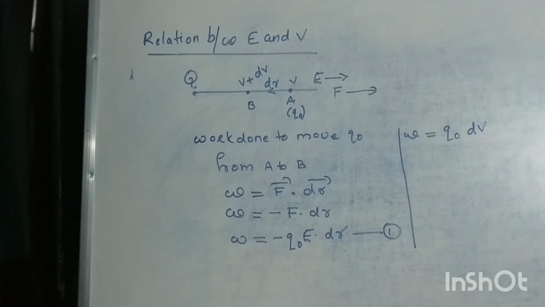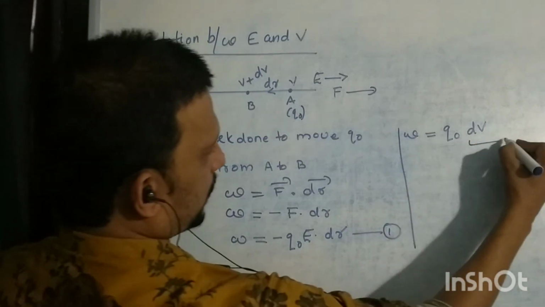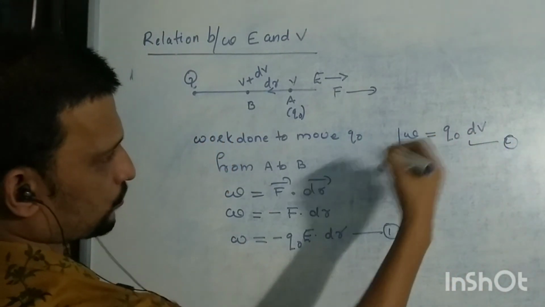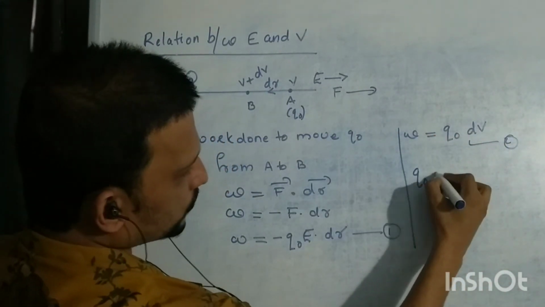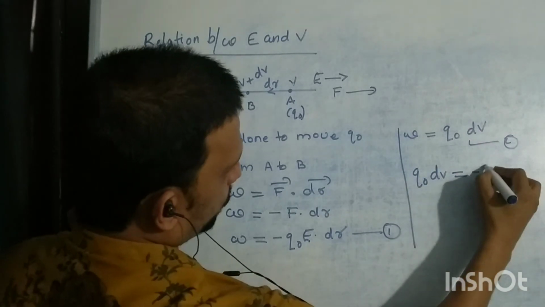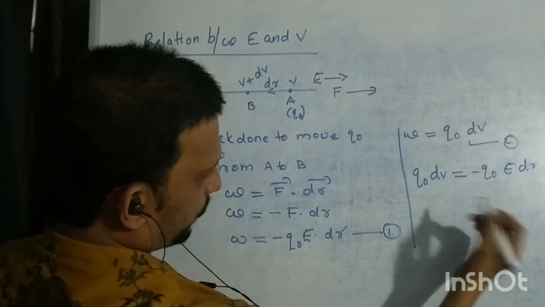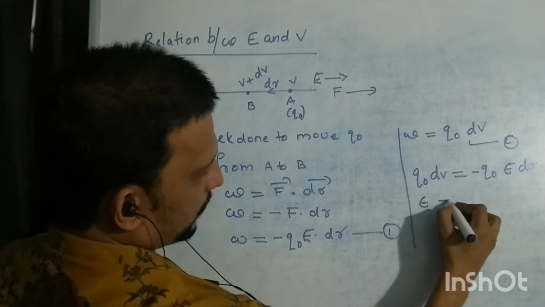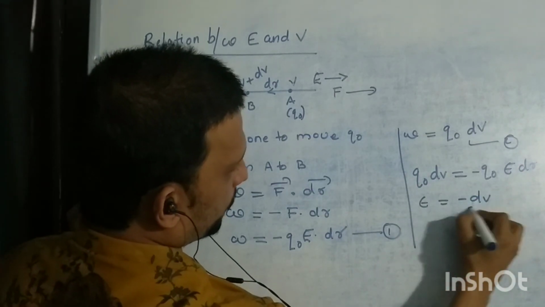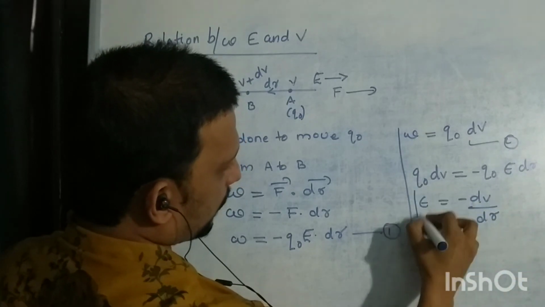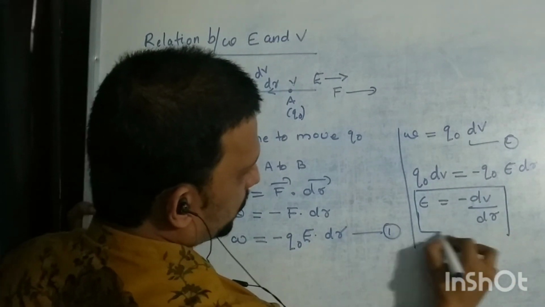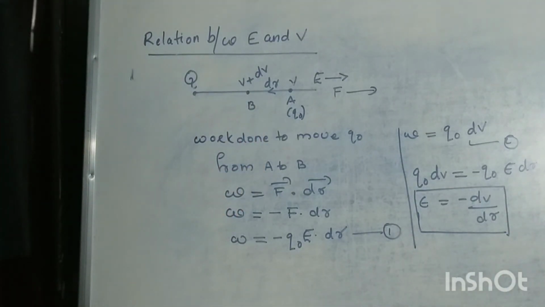This is simply the potential difference, and this is taken as equation number 2. When you compare these two, we can say that Q0 dV is equal to minus Q0 E dr. Q0 cancels, and E is equal to minus dV by dr. So we can say that the electric field is actually the negative gradient of potential.